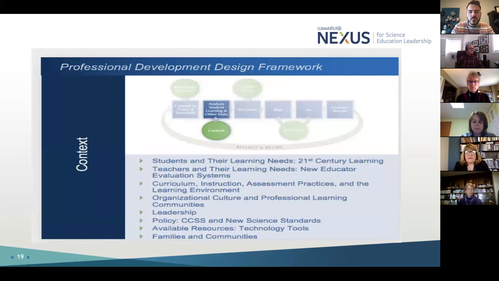So all of that are key things that can really get in our way, but that we have to think about and design for as we think about professional development.